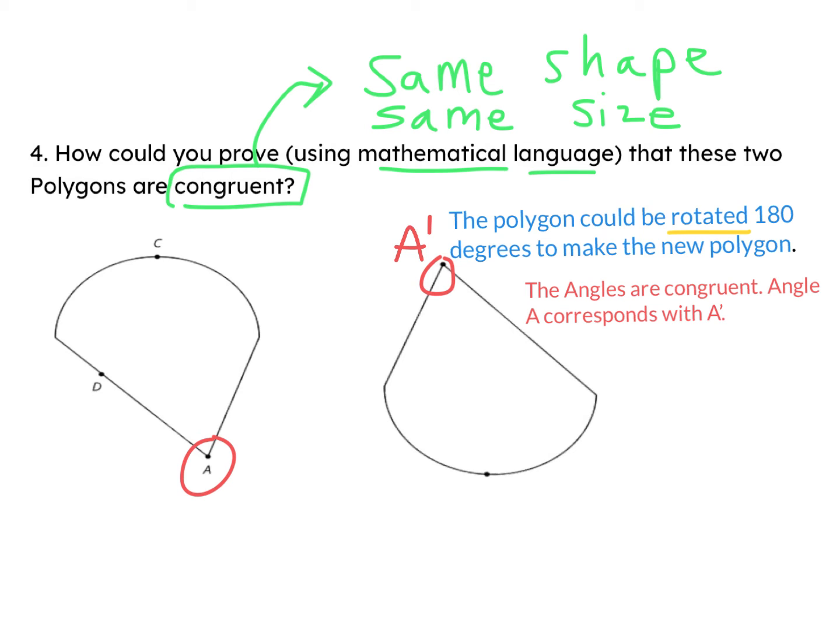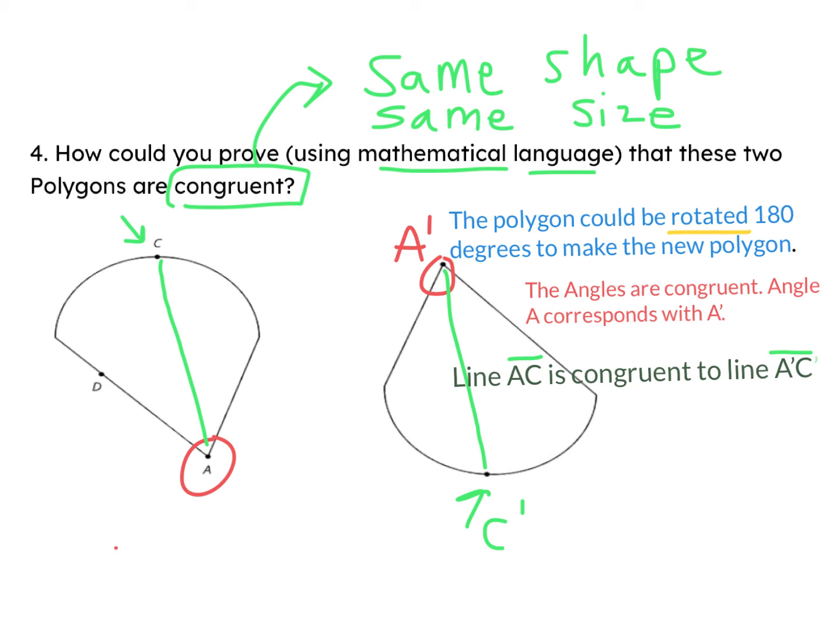And then a third thing I notice is this point right here appears to match up with point C. And then if we drew a line segment from A to C and A to C prime, we could use a ruler and that line segment would match up.